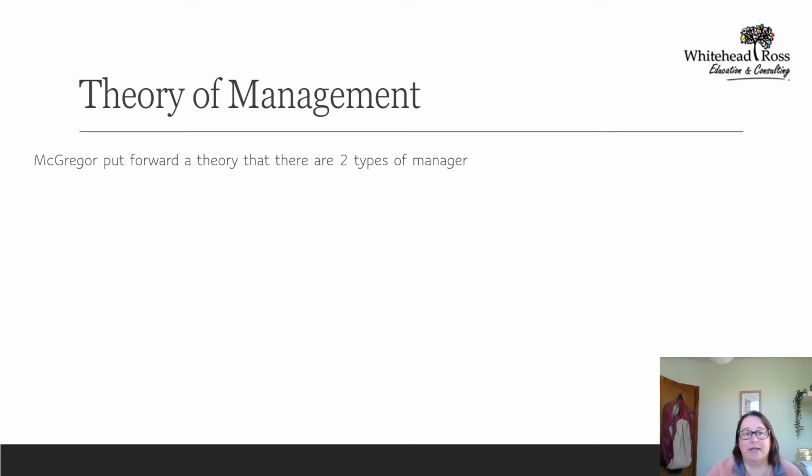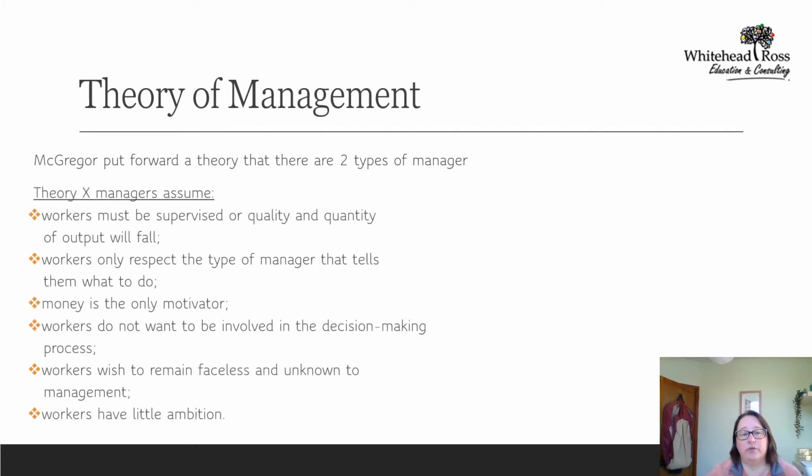2 key types of theory were put forward by a theorist called McGregor. And this is where we look at management from 2 key perspectives. The first one of these is what we call Theory X managers. There's a number of things which Theory X managers do, but to summarise, what Theory X managers are looking for is to be in control.